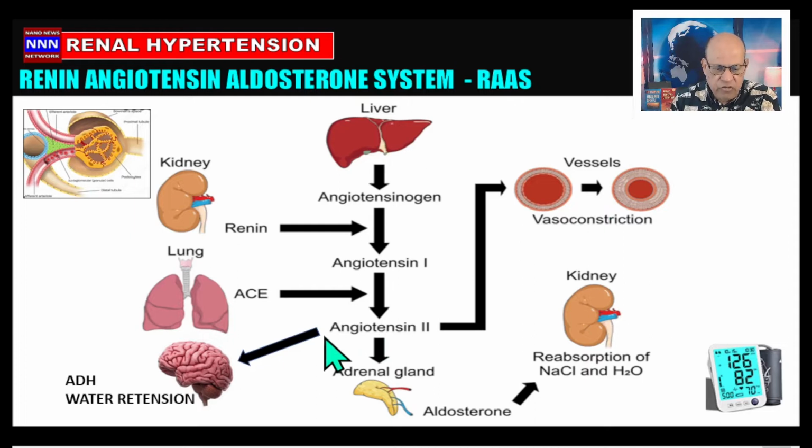Angiotensin also stimulates the hypothalamus and the pituitary to produce the antidiuretic hormone, which leads to water retention. Simultaneously, angiotensin 2 also acts on the adrenal glands and increases the secretion of aldosterone, which is a mineralocorticoid that increases the reabsorption of sodium and water.